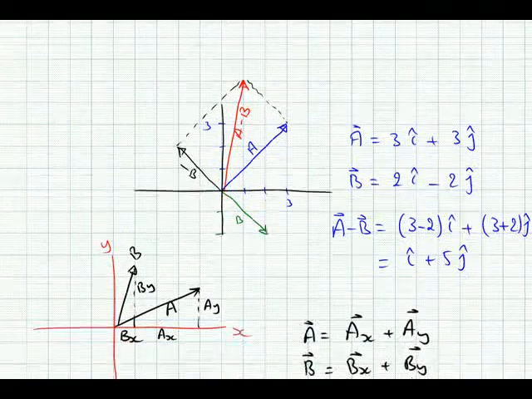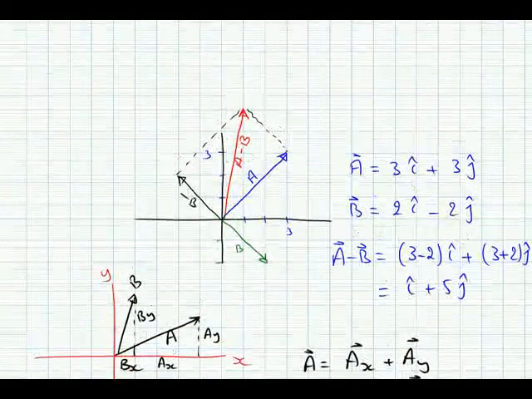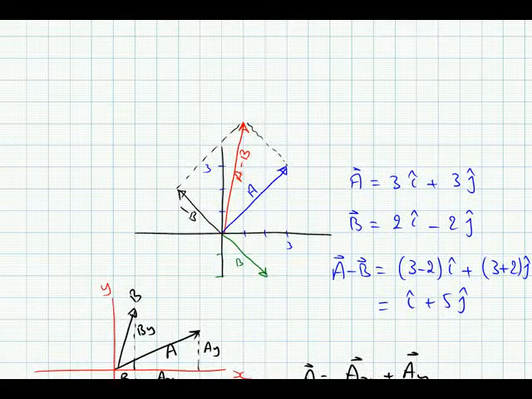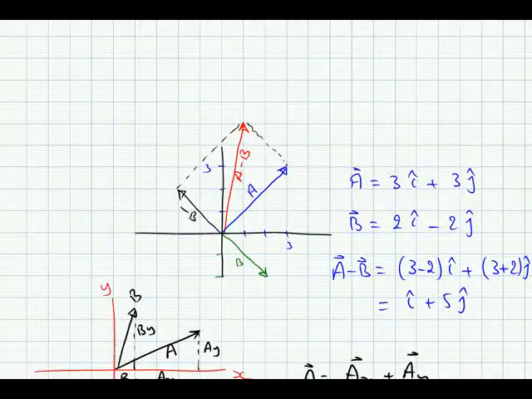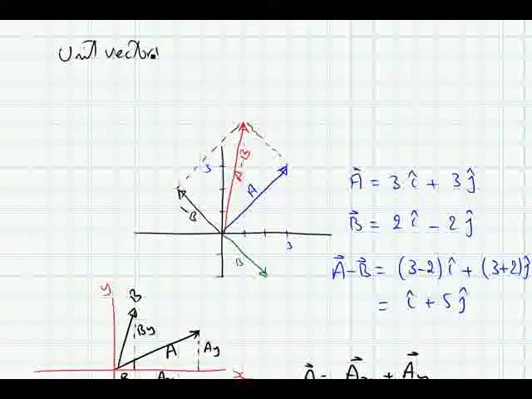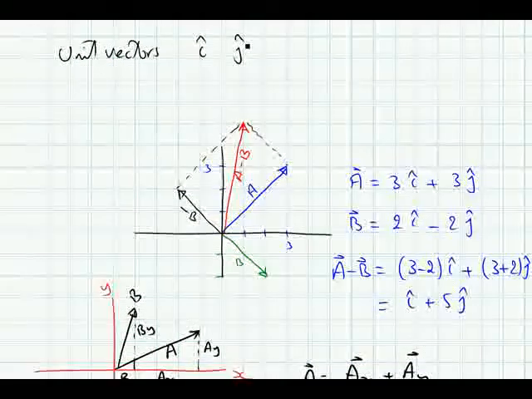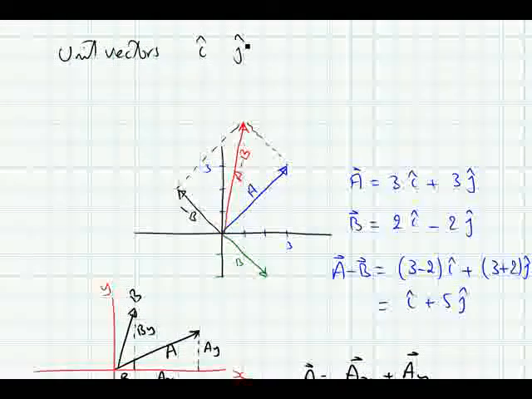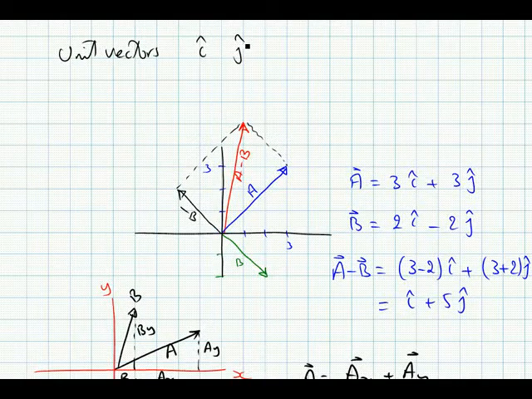Okay, now let's discuss a different way of decomposing vectors, and this is using unit vectors. Unit vectors i and j are written with no dots, but they have little hats on.